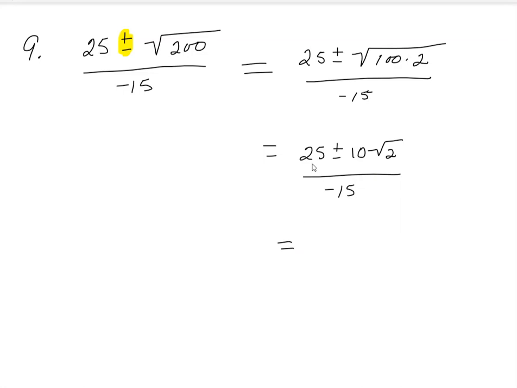Okay, now, 25, 10, and -15 there all have a common factor of 5. So I can divide all of those by 5 and have 5 plus or minus 2 times the square root of 2 divided by -3.